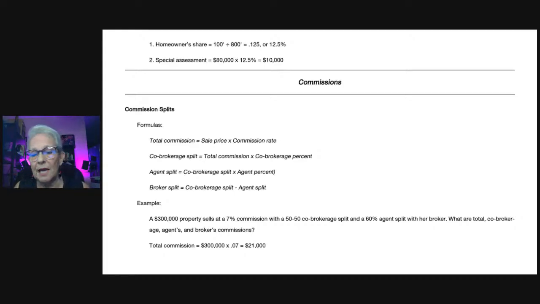Keller Williams is not a transactional company. A transactional company is not for beginners because you don't know whether you're doing the documents correctly. Transactional companies are companies that pay 100% and you pay a flat fee per transaction.